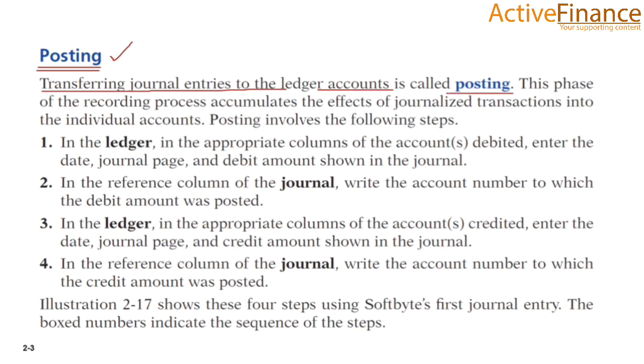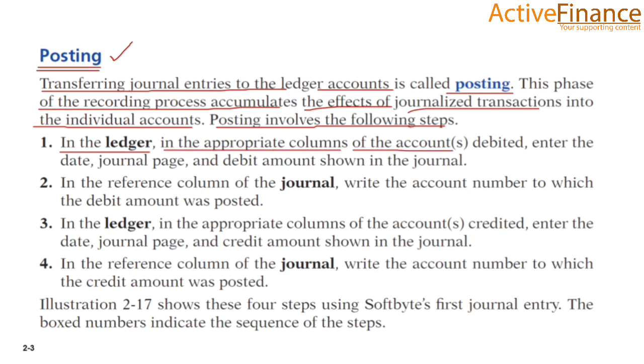This phase of the recording process accumulates together the effects of journalized transactions into the individual accounts, and posting involves the following steps. So posting involves 4 steps in transferring the entry. In the first, in the ledger, in the appropriate columns of the account, if the account is debited, we will first enter the date of that transaction and the journal page on which the original entry is recorded.